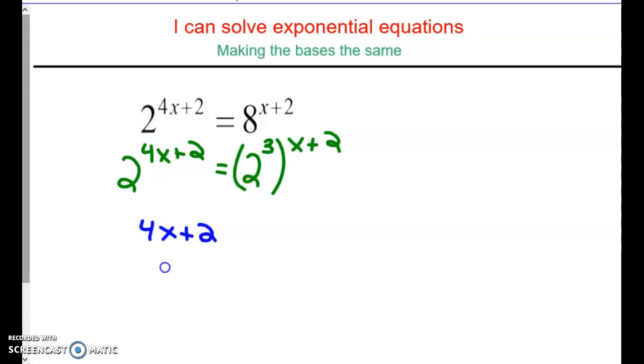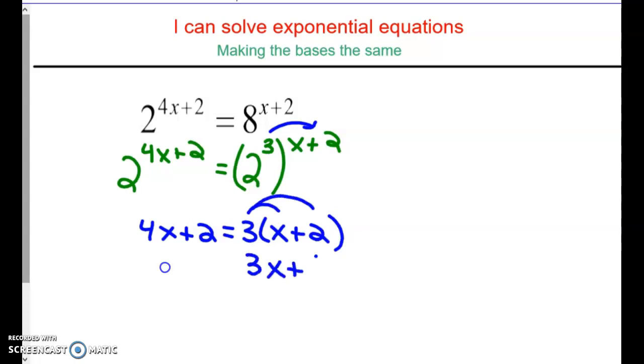So I'm going to set the exponents equal to each other. So 4x plus 2. Remember that if I have an exponent raised to an exponent, I can multiply those exponents. I have to distribute the 3, so don't forget to do that. And now we're going to solve.